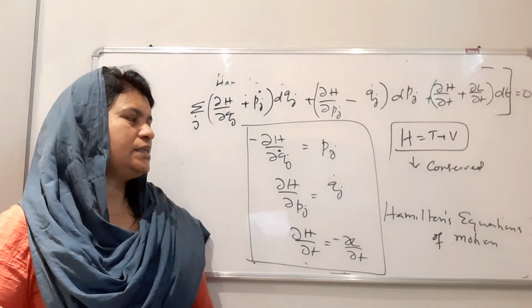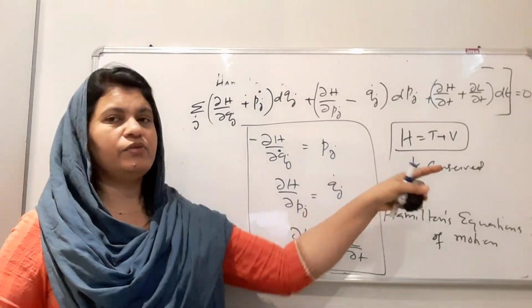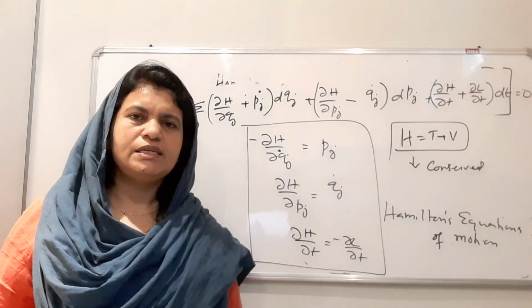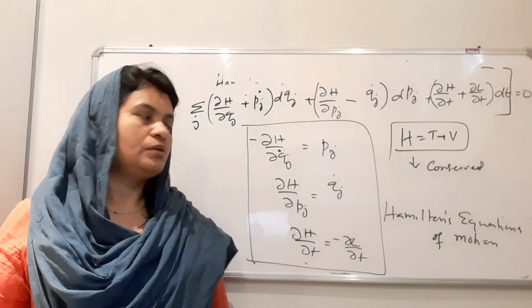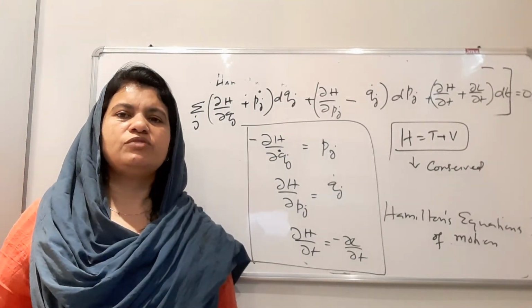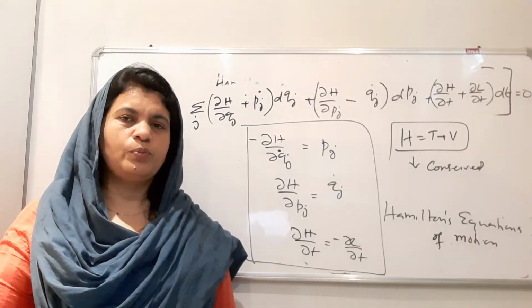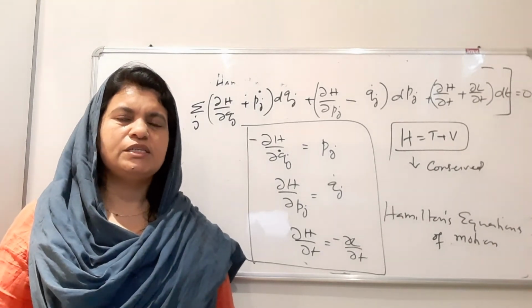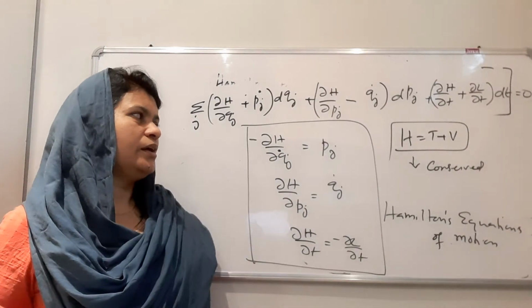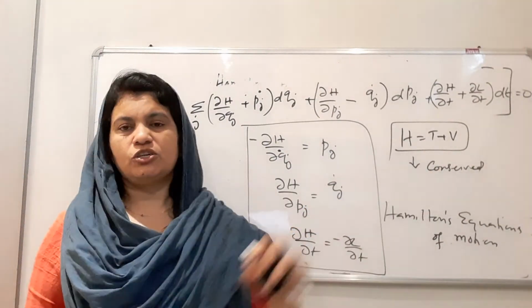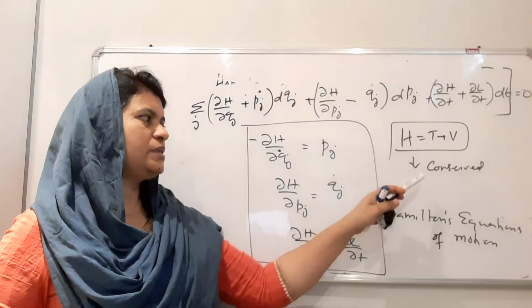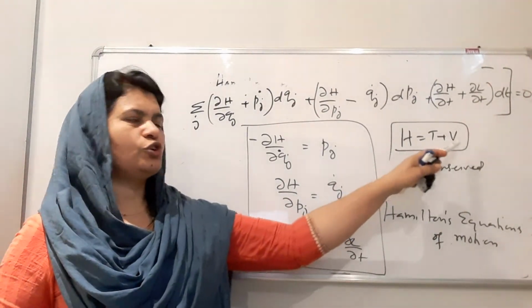The Hamiltonian is conserved when the kinetic energy is velocity dependent and the potential energy is velocity independent. When the potential energy depends only on the position vector, then the system is said to be conserved. When the system is conserved, there are certain other conditions also.